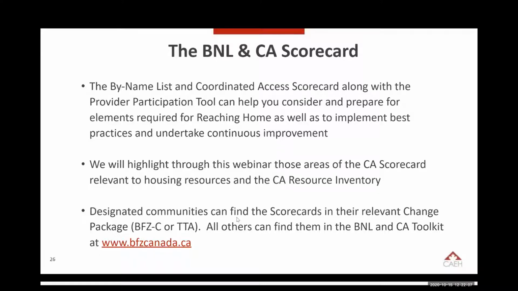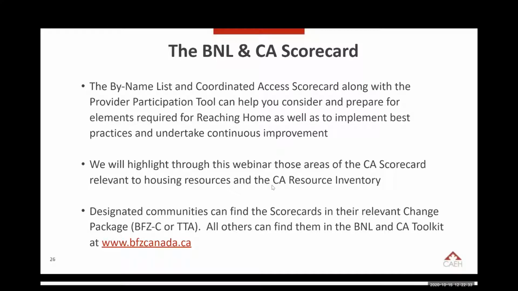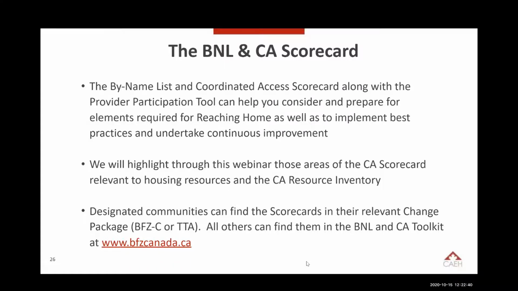And for those that aren't part of Built for Zero, where can they find the change package? We have a TTA change package as well on the TTA website. And any community that has connection with TTA, either Wally or Quinn or I have reached out, you have that access. That's great. So any other community, the scorecards, the guides, and all the other tools are publicly available on the by name list and coordinated access toolkit at the site listed there.